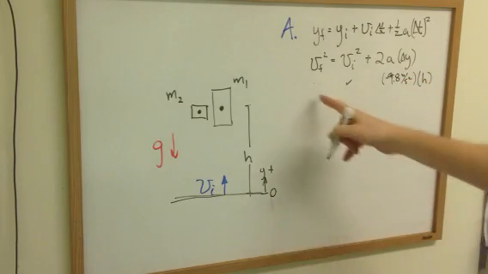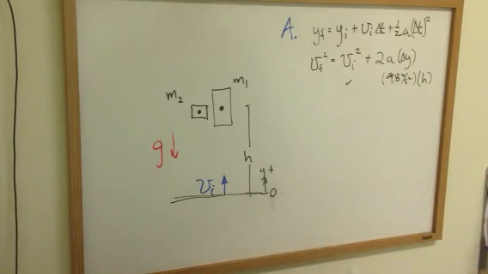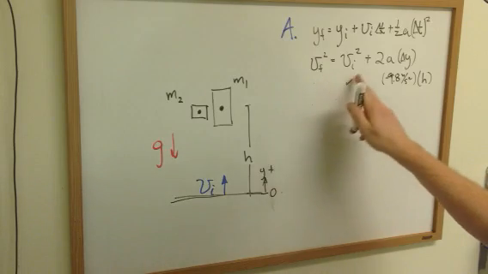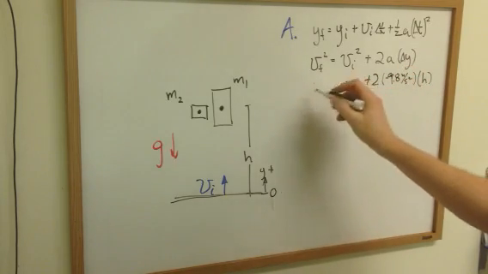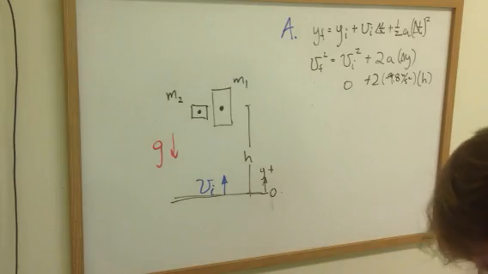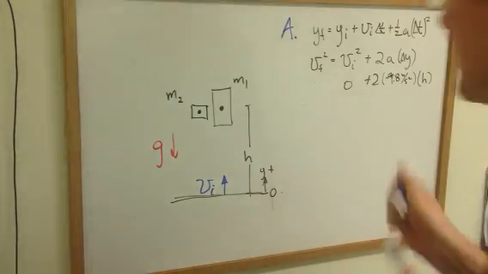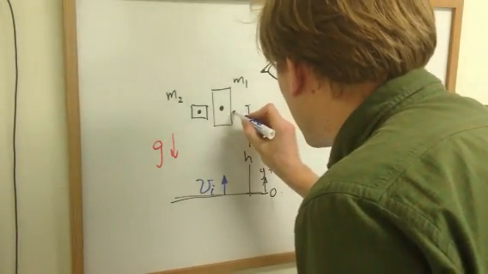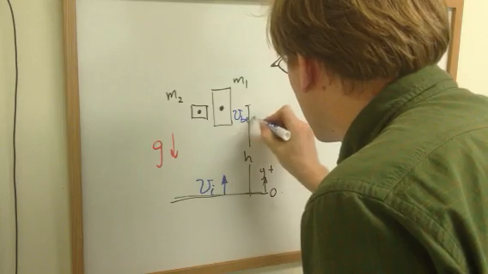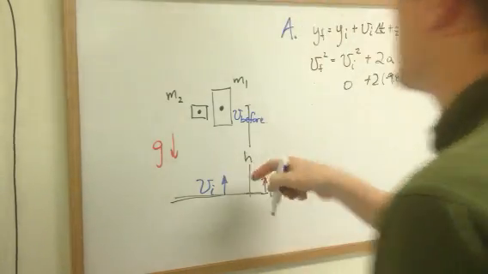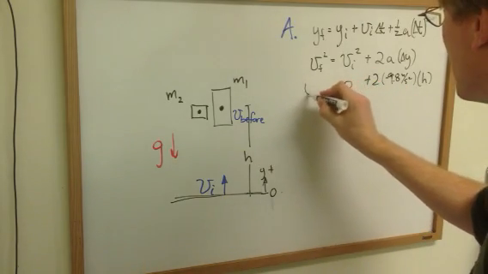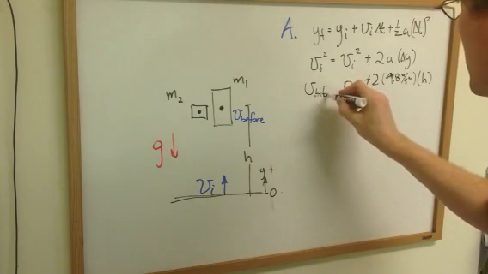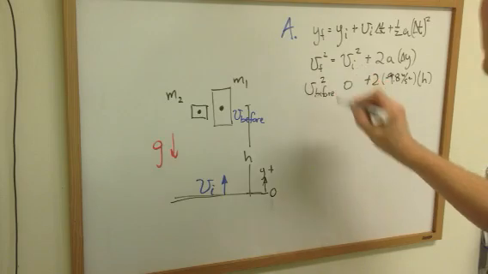So you can calculate in this case the final velocity, which is what they call in the question the velocity just before the girl grabs the box on her way up. So this would be velocity before, all squared.